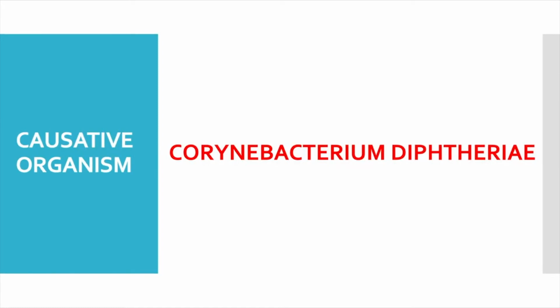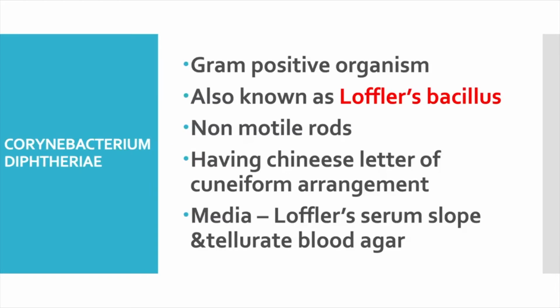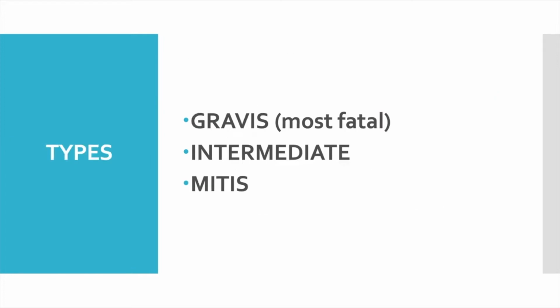Causative organism is Corynebacterium diphtheriae. It is a gram-positive organism, also known as Loeffler's bacillus, non-motile rods, having Chinese letter or cuneiform arrangement. Media: Loeffler serum slope and tellurite blood agar. Three types: gravis, intermediate, and mitis.